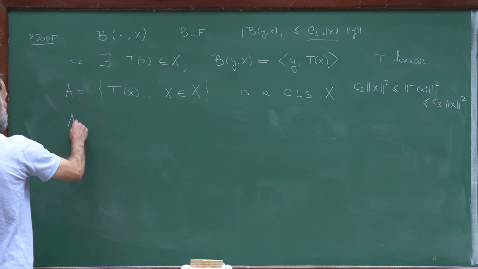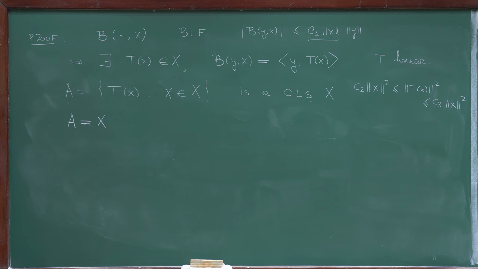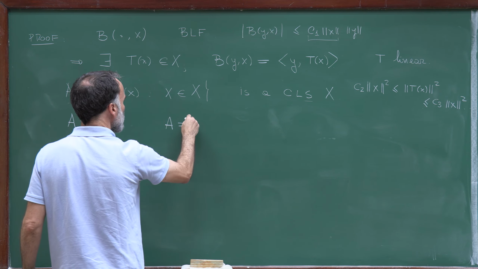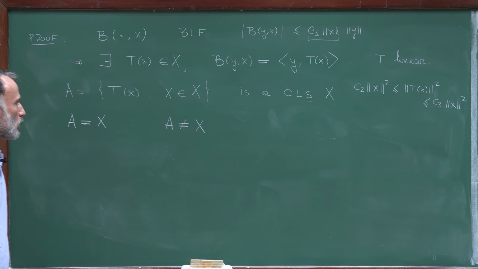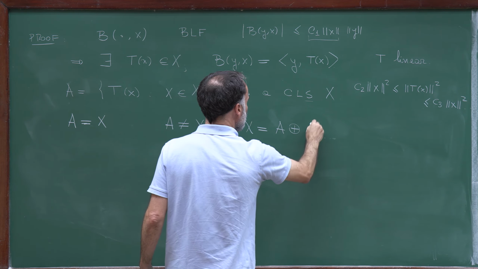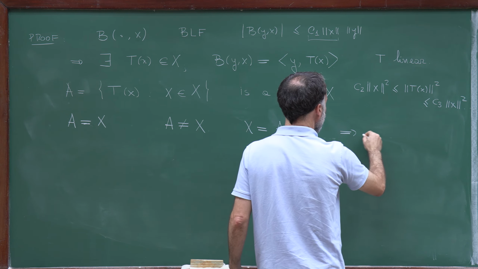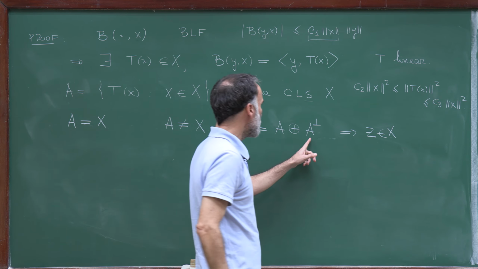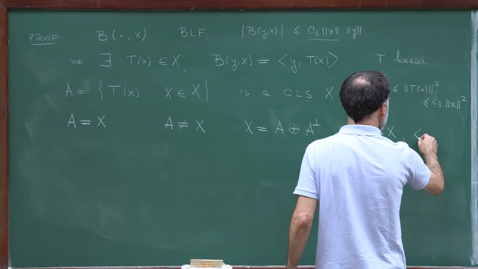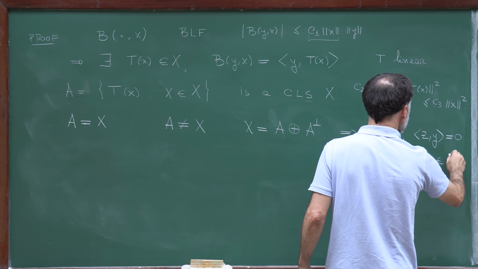Now my claim is that actually A is equal to X. To prove that A is equal to X, assume that A is different from X. Since X can be written as A plus the orthogonal of A, there exists an element Z in X which belongs to the orthogonal of A. Therefore, Z is orthogonal to all elements of A, so Zy is equal to 0 for all y in A.